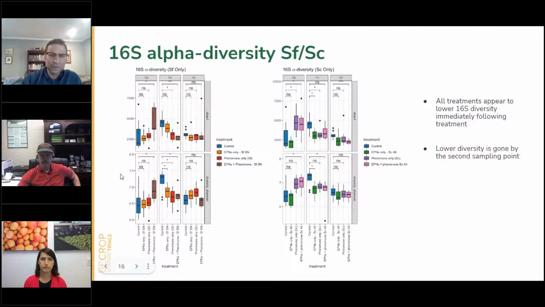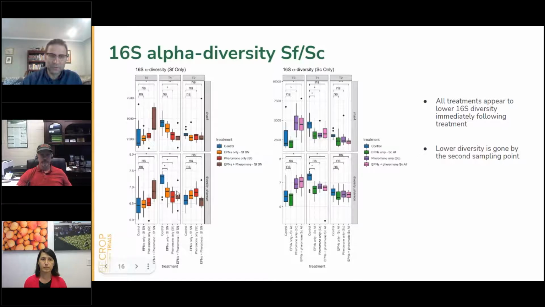The one thing I want to point out on the bacteria side is that at time one, we do see a significant difference between the control and all of these, especially in the evenness. We see it between the three treatments that we looked at: the nematodes alone, the pheromones alone, as well as the combination of the two.